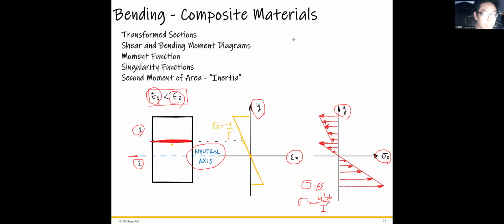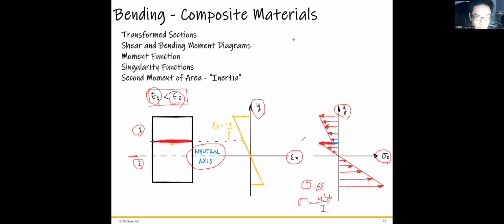Okay, because of the difference in Young's modulus, the stress distribution is different. Here are the higher stresses at the top surface of material two, and this surface right here is the bottom surface of material one, right?